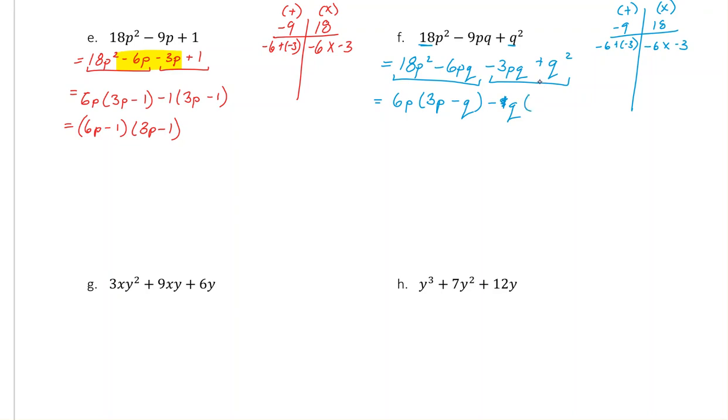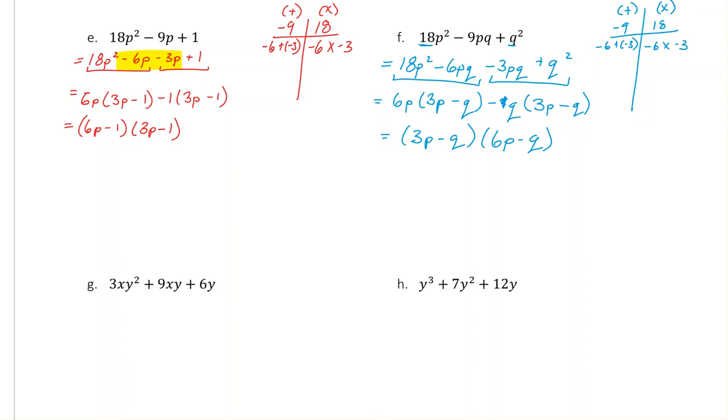Then we have what's left? Well, 3p and -q. What do we have in our brackets? What is the same? That's 3p minus q, and then we have 6p minus q as our second one.